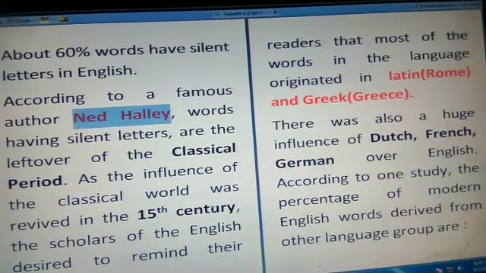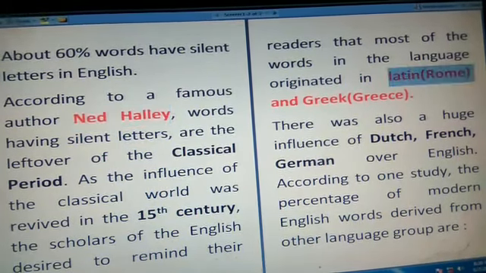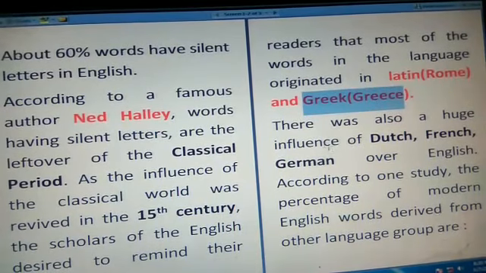So in that period, the 15th century, when the classical world was reviving, the scholars and authors wanted to remind their readers that most of the words originate in Latin and Greek, so that people can understand that most words belong to Latin and Greek.